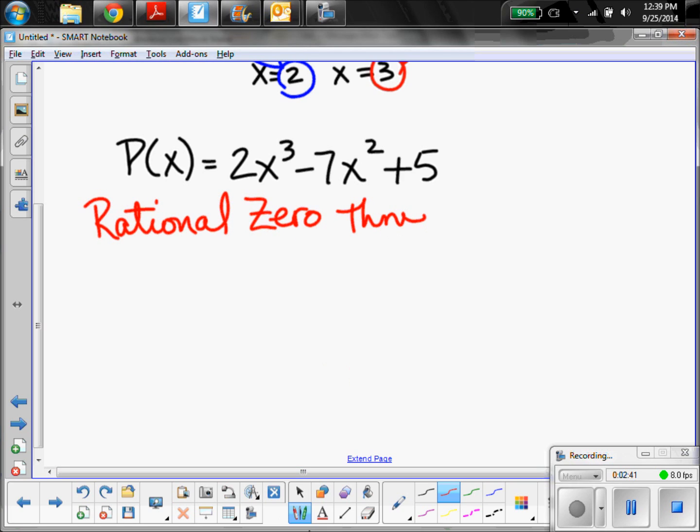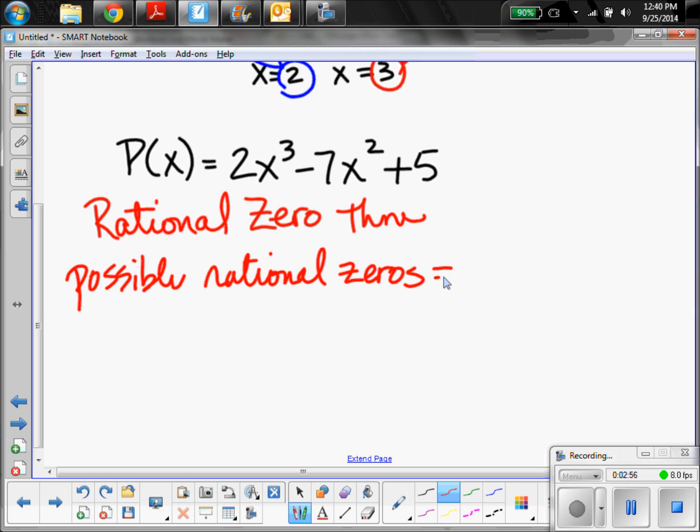The rational zero theorem says that the possible rational zeros, the possible numbers that might be x values, are very simple. They're going to be fractions. The top number in the fraction will be the factors of your constant.